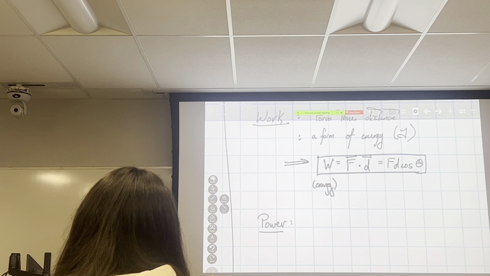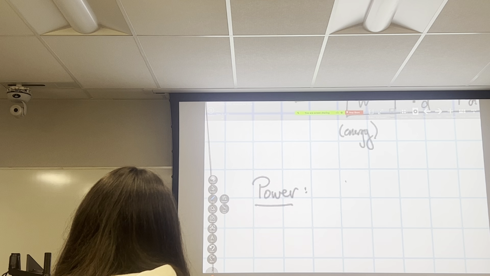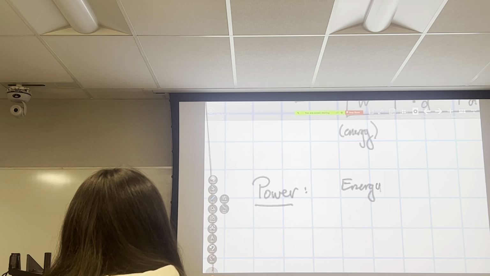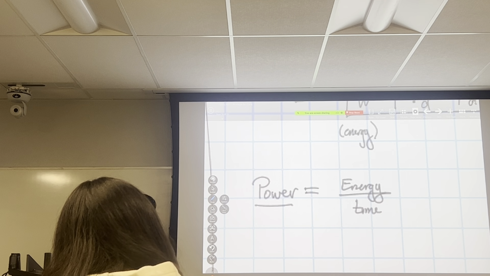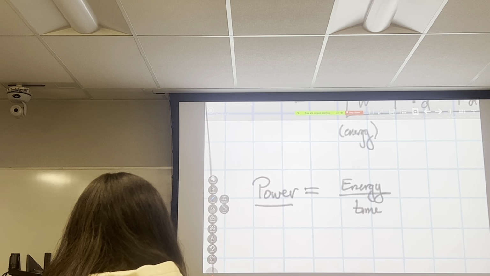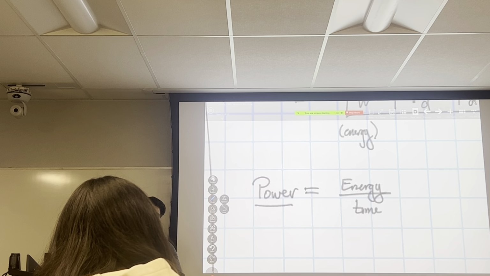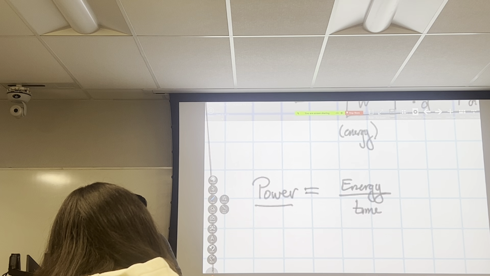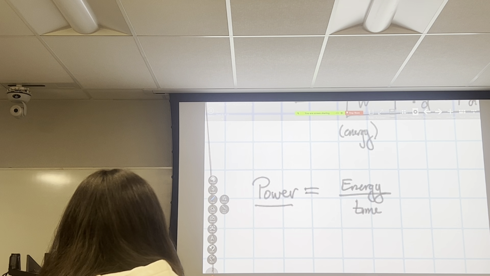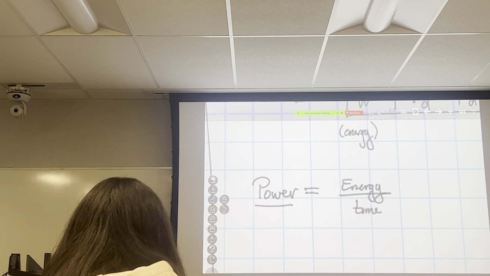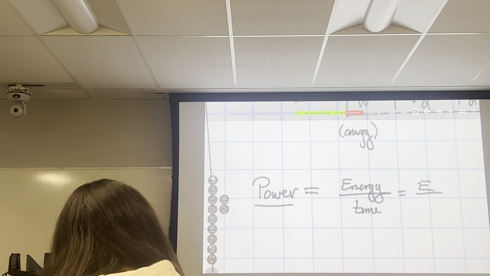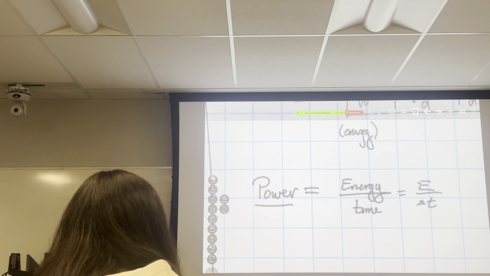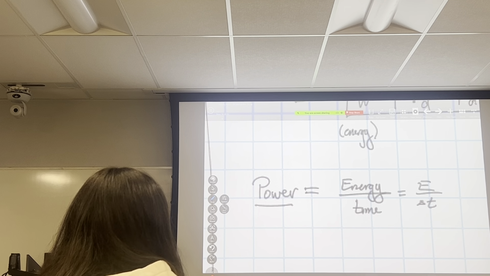That is the concept of power. Power is energy per time, at least in the scientific sense. So we'll say E over delta T. There you go. The energy that is given per time.